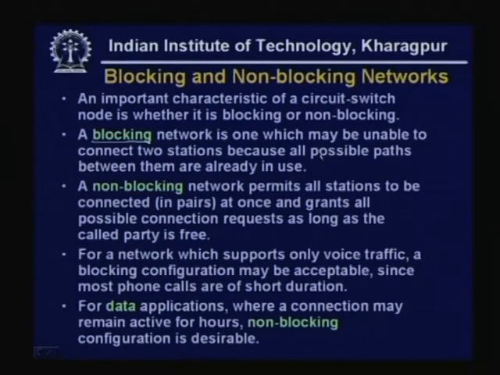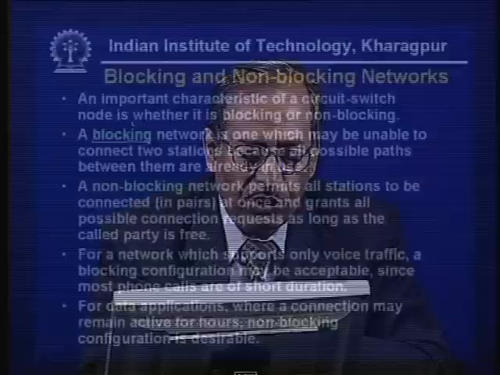That means you may have a number of paths. For example, I have shown 8 inputs and 8 outputs. If you are not able to connect a particular pair because all the paths are already used, in such a case we call it blocking.